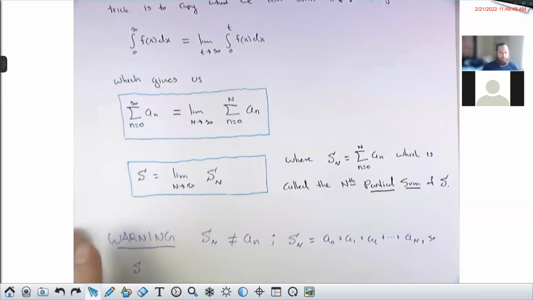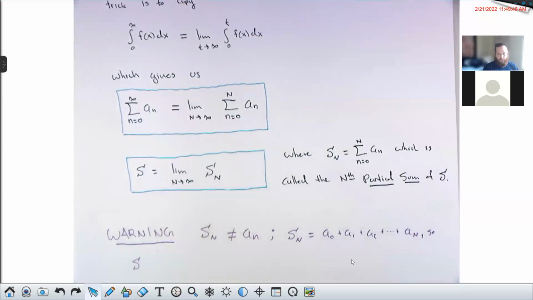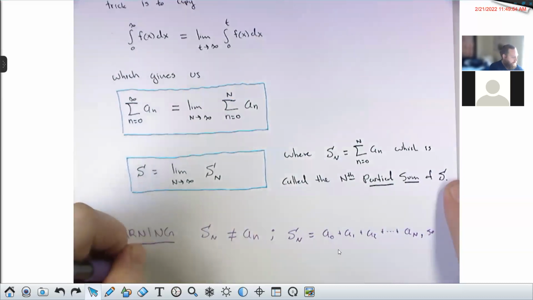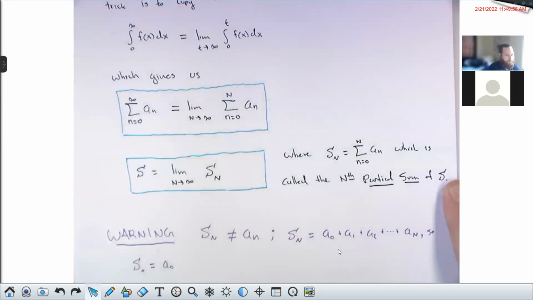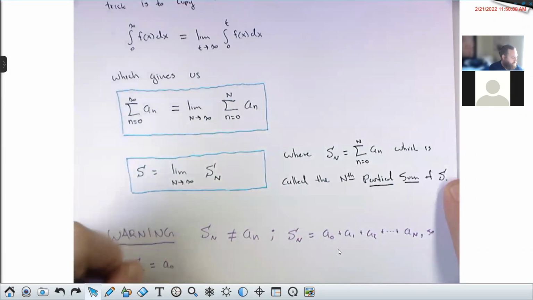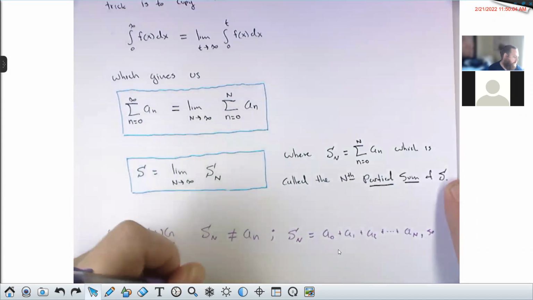And this is kind of like the formula for the factorial in that it looks a little bit weird when you plug in small numbers for n. So I just want to take a quick peek at this. S0 would be A0. S1 would be A0 plus A1.